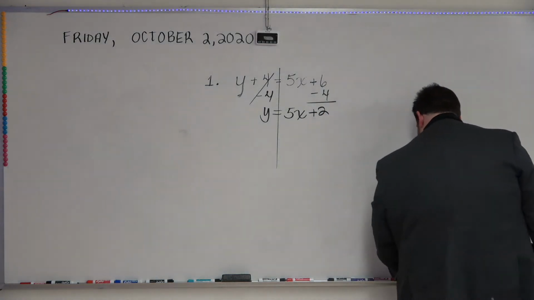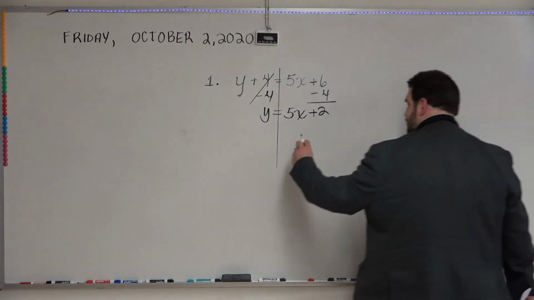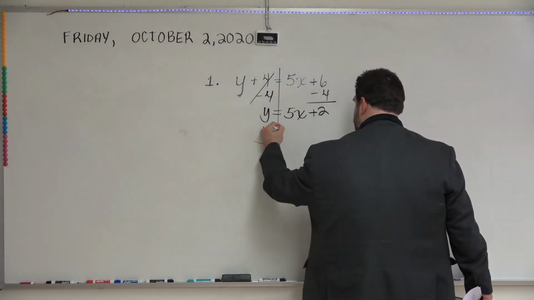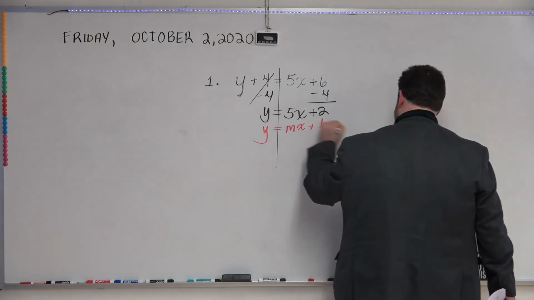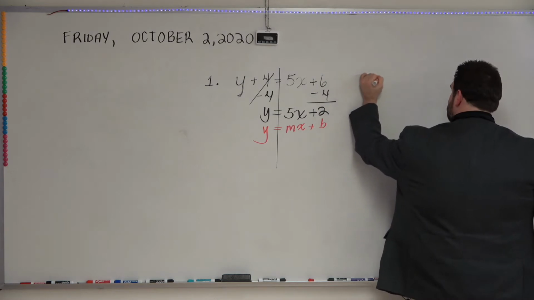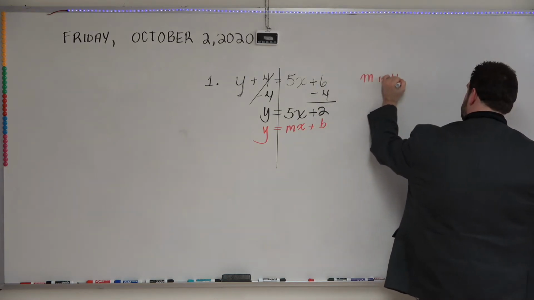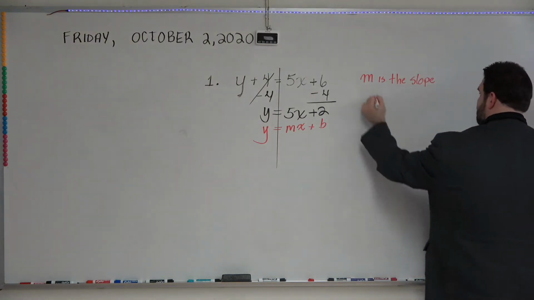Now, the reason that we even did any of this is so we could get the equation in the form y equals mx plus b. M is the slope of the line.